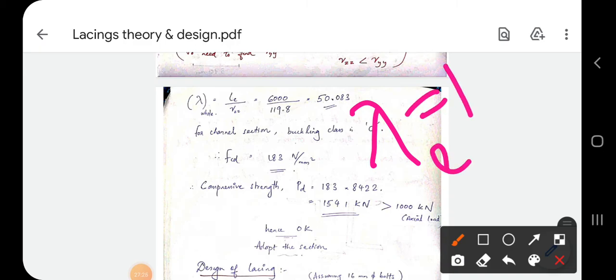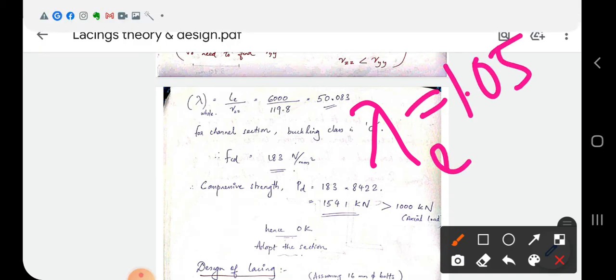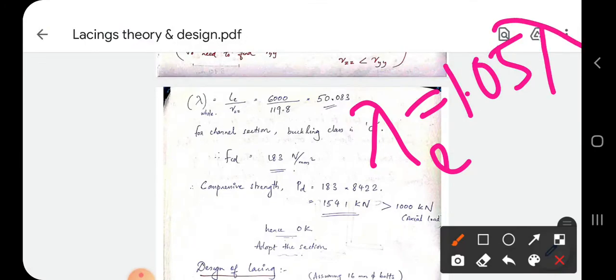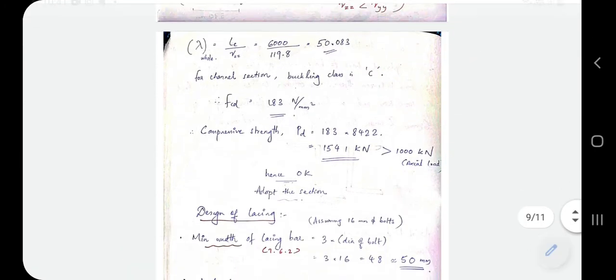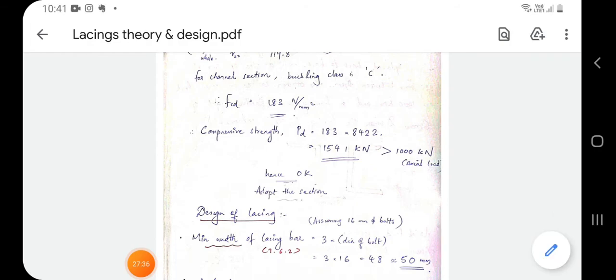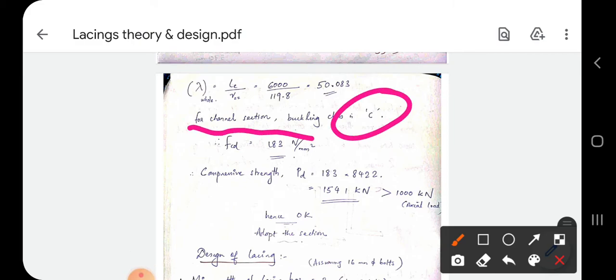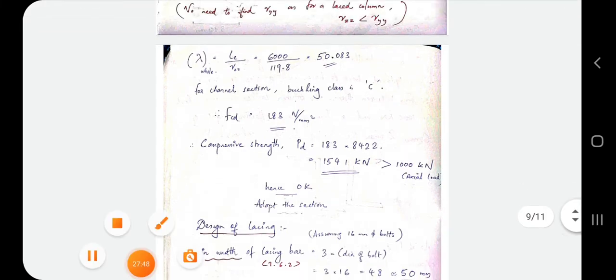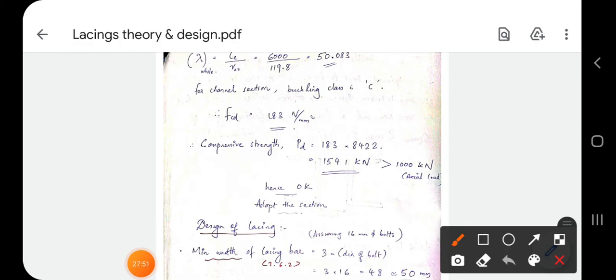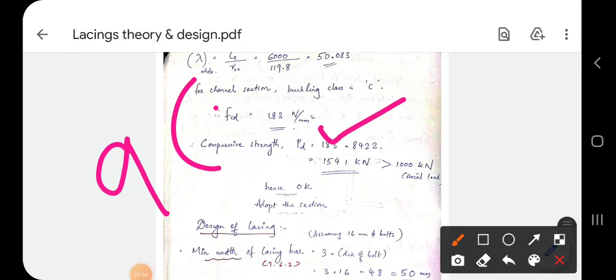Lambda E is equal to 1.05 times lambda for a laced column. So find lambda E, and for a channel section the buckling class is C, and FCD value is 183, which we get from table 9C.